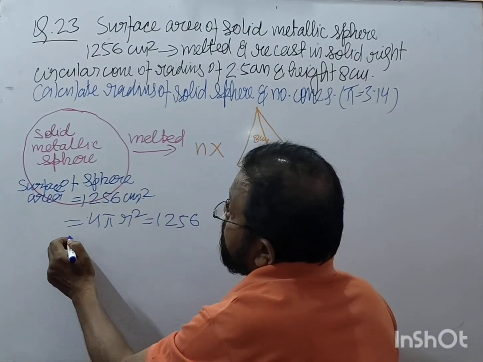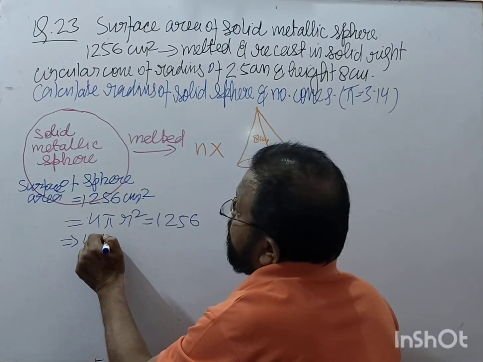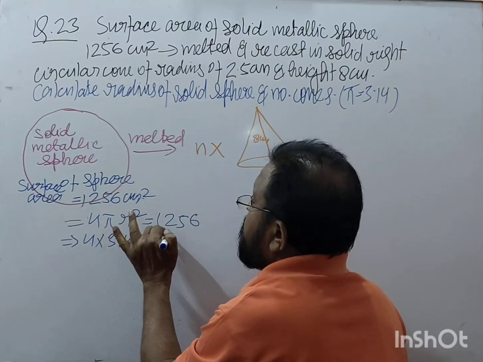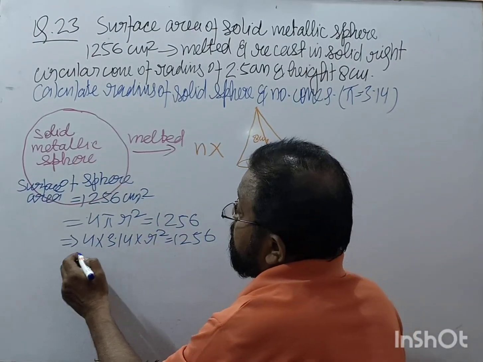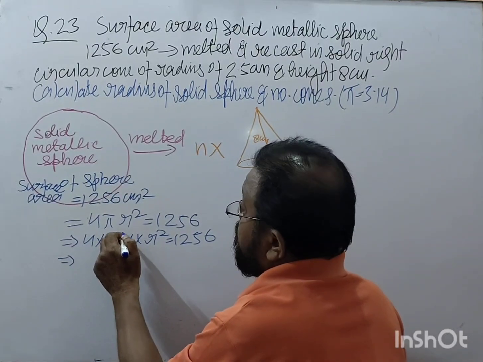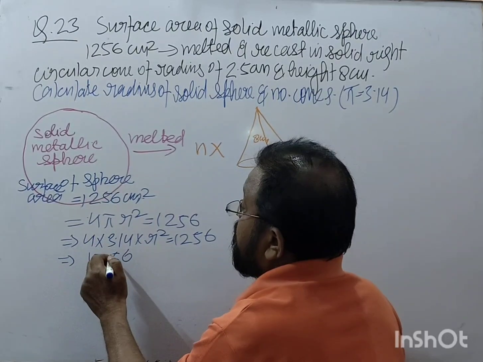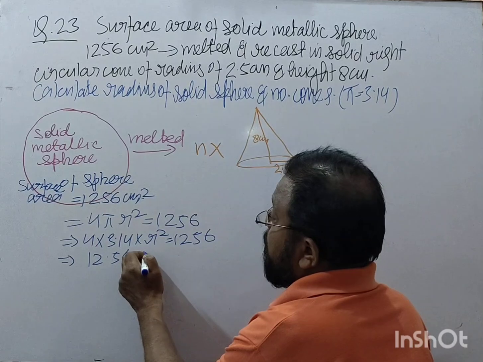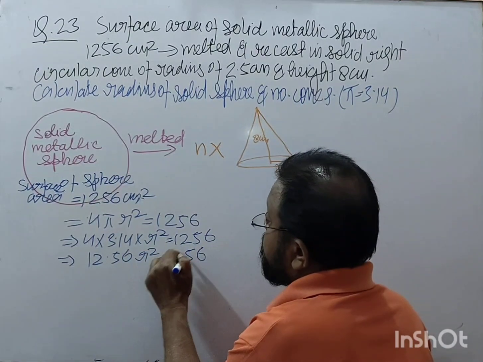So 4 into 3.14 into r square is equal to 1256.